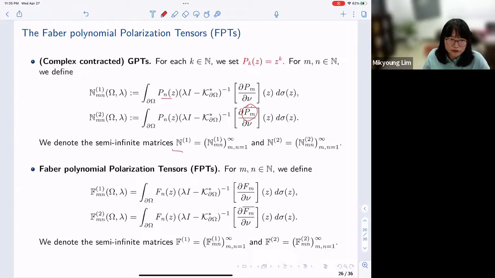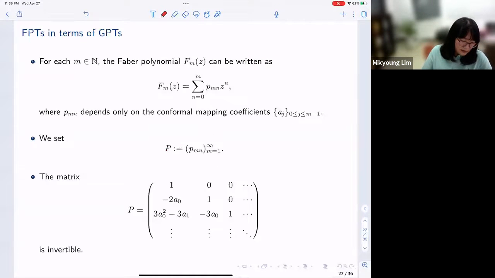Now let me introduce Faber polynomial polarization tensors, in short, capital FPTs. These terms are defined in terms of Faber polynomials instead of z^n, with almost the same formula. FPTs have an expression in terms of GPTs. A Faber polynomial is a polynomial of order n, and the leading term is 1.